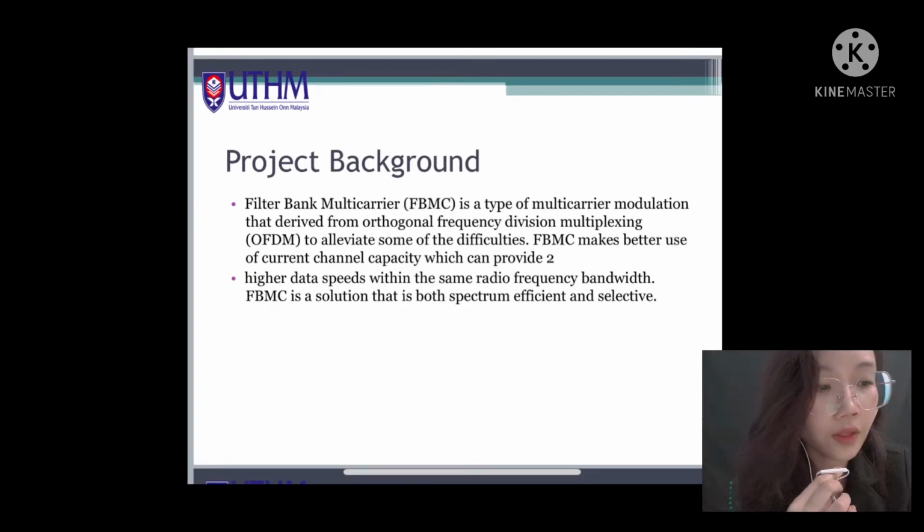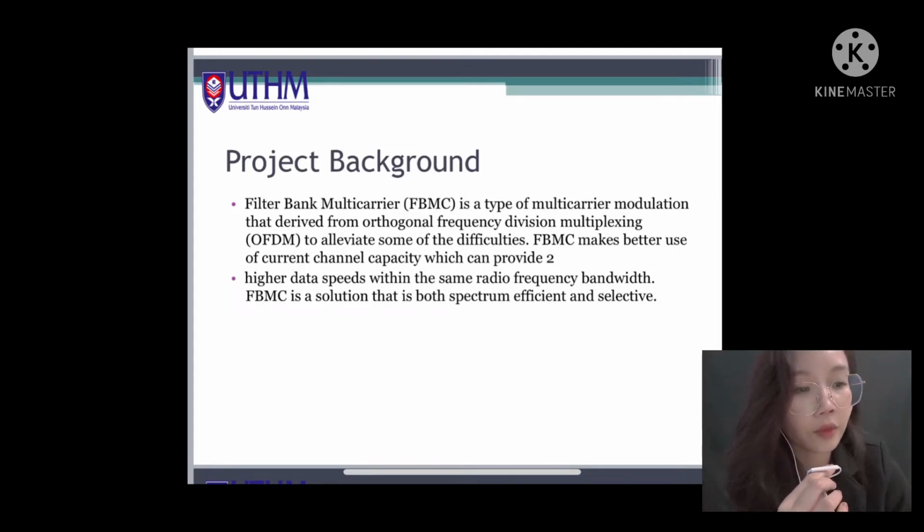2021. Filter bank multi-carrier, or FBMC, is a type of multi-carrier modulation that derives from orthogonal frequency division multiplexing, or OFDM, to overcome some of its difficulties.